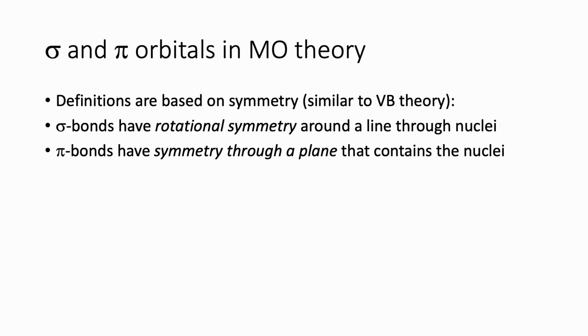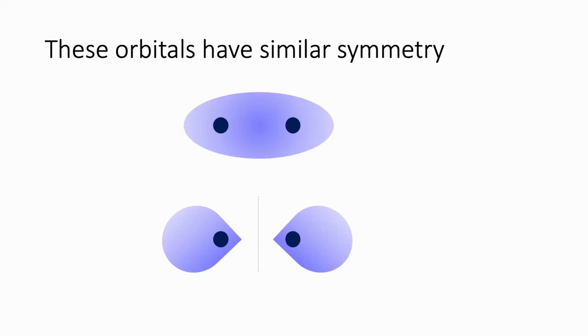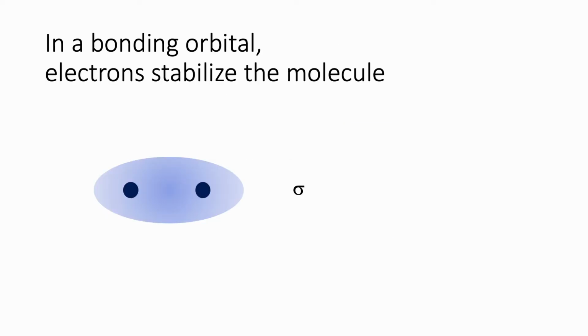So now let's go back and look at those orbitals that we were just talking about. Both of these are sigma orbitals. If we draw a line through both nuclei, they actually rotate around it. Of course they look two-dimensional because that's about the best I can do in PowerPoint, but they actually are rotationally symmetrical. But these behave differently.